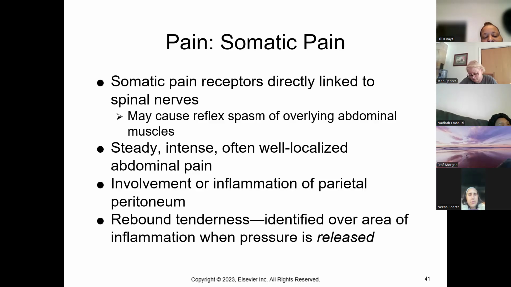So you'll go between the iliac crest and the belly button, and you'll press down really deep with a couple of fingers, and you'll let go. And the pain will be experienced when you let go. Usually we know with that person that they have appendicitis.